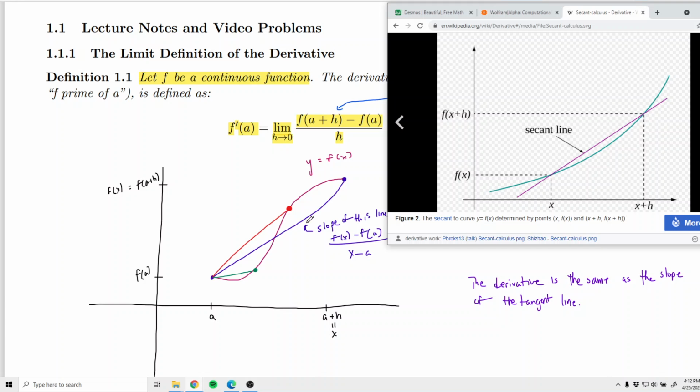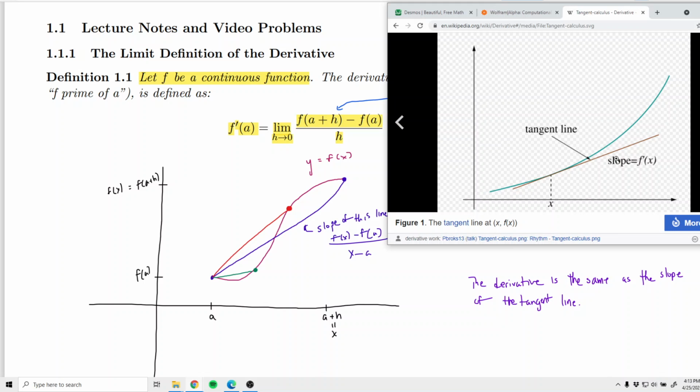And the slope of the secant line is the slope we were talking about before. But you won't run into the secant line equation or anything about it nearly as often. It's far more important that you know the slope of the tangent line is the derivative.